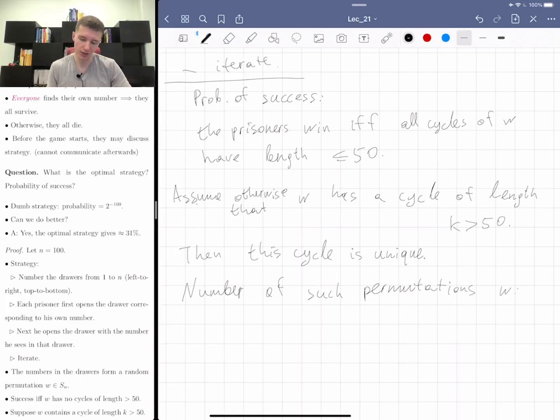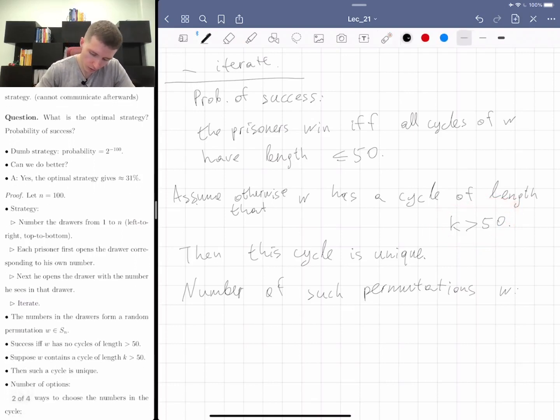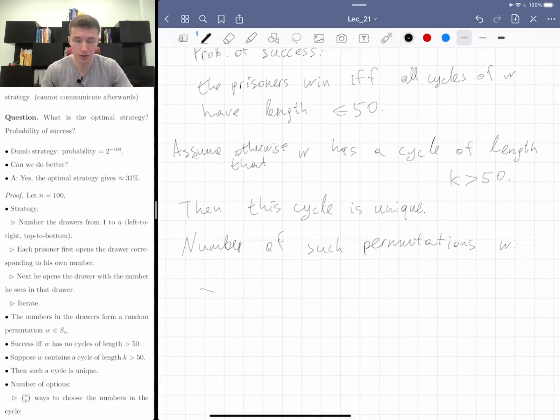The way to count it is pretty straightforward. First you choose the cycle. How do you choose the cycle? You choose the elements, the actual numbers that participate in the cycle as a set. Here n is 100 and k is more than 50, so there are n choose k ways to choose the numbers in the cycle.